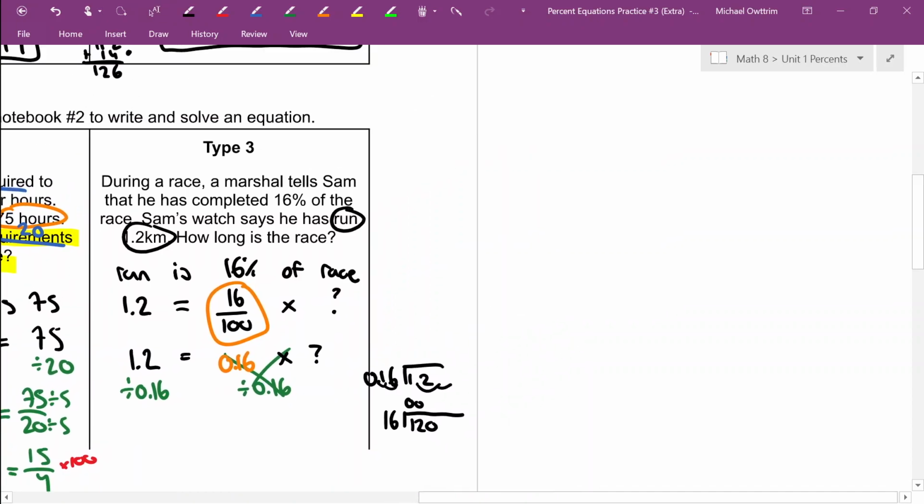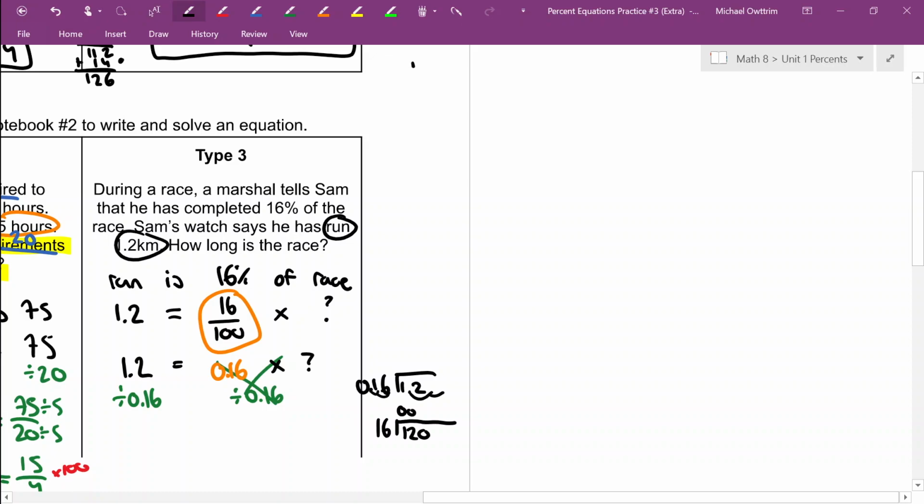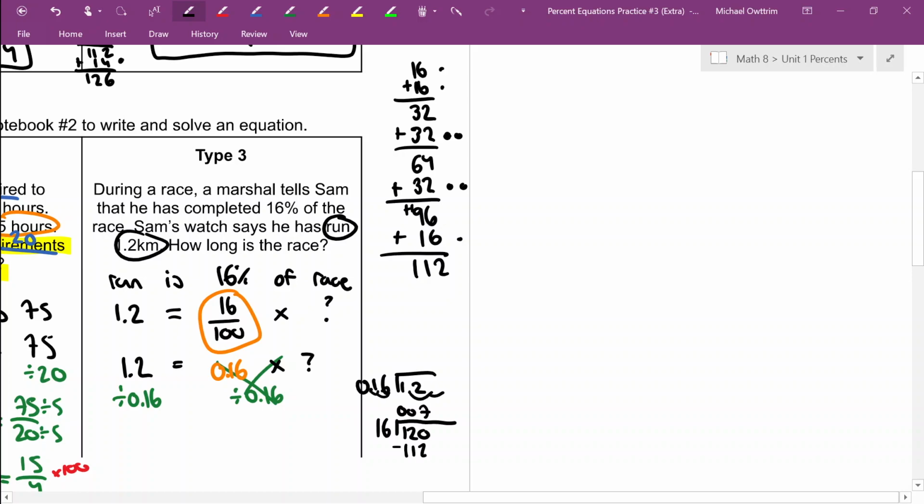If we're not sure about our multiples of 16, let's just list them out. 16 plus 16 is 32, plus another 32 would be 64, plus another 32 would be 96, plus another 16 is 112, which is close to 120. So 16 went into 120 7 times, and 7 times 16 is 112.